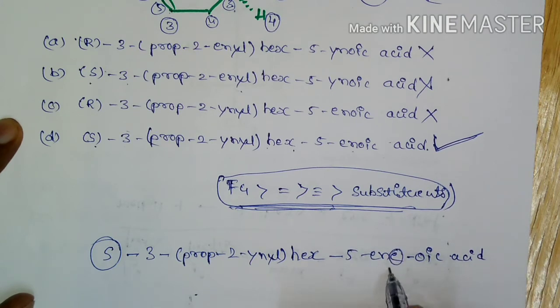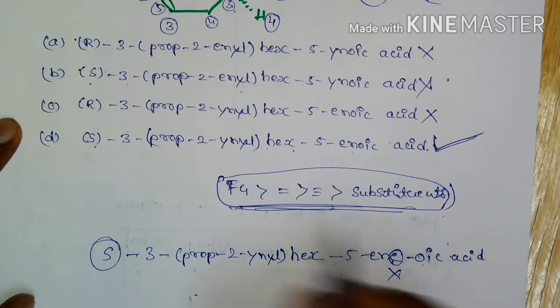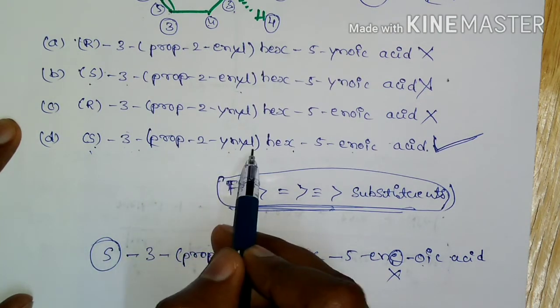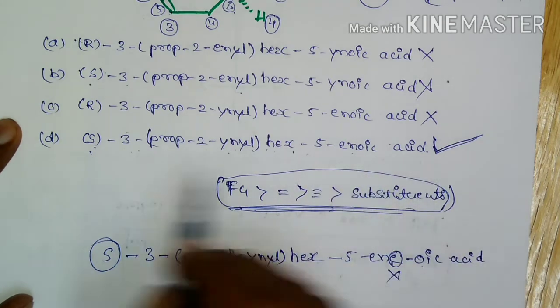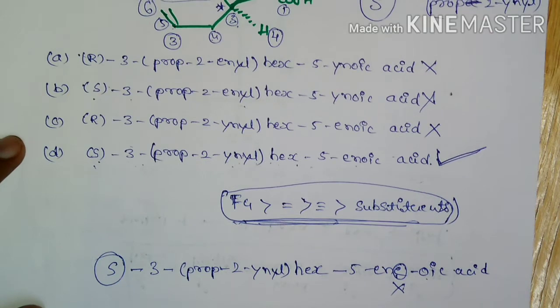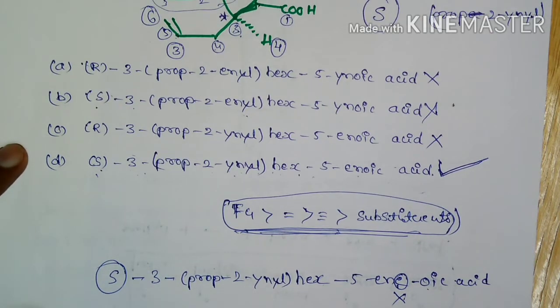Here the E will be eliminated because we cannot use the same vowels, so it is going to be removed and we get S-3-prop-2-enylhex-5-enoic acid as the name of this compound along with the R and S nomenclature.